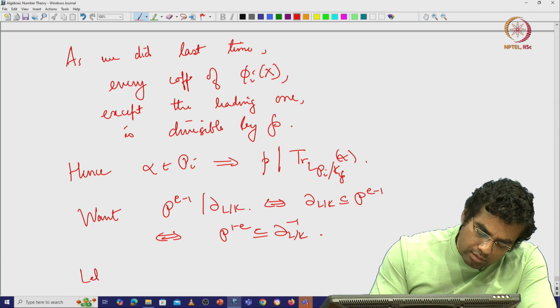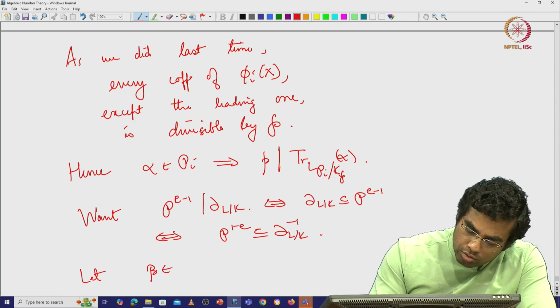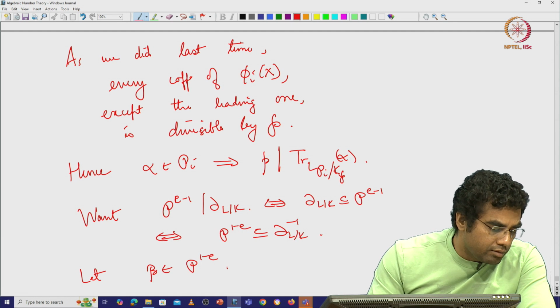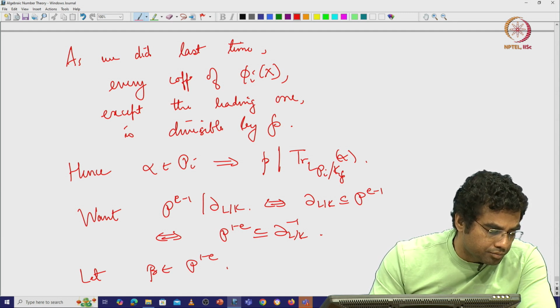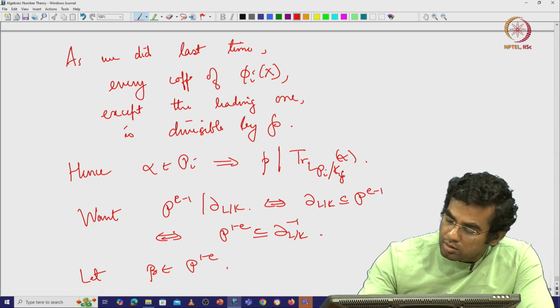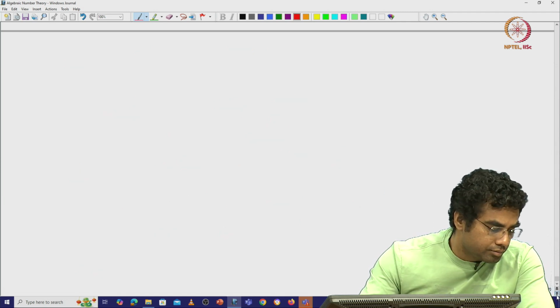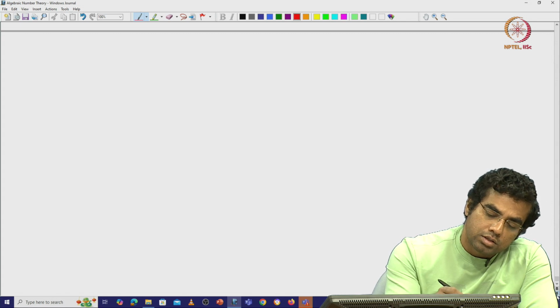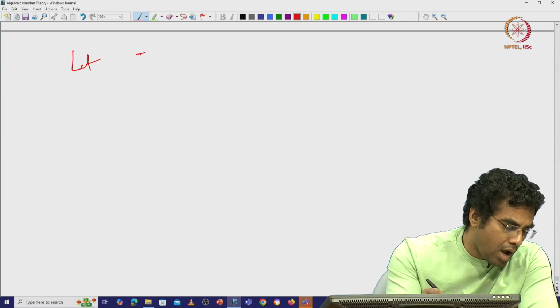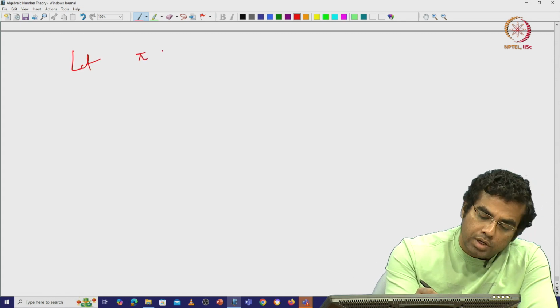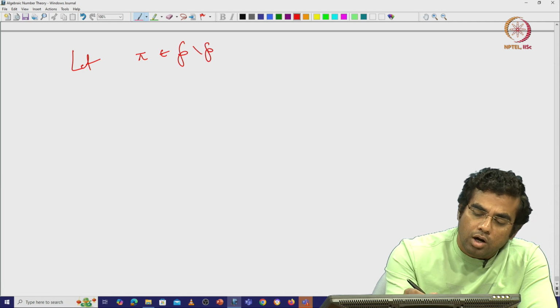So you let beta belong to P to the 1 minus e, and we will show that beta is actually inside the different inverse, right. Okay. So let pi be an element in P but not in P squared.